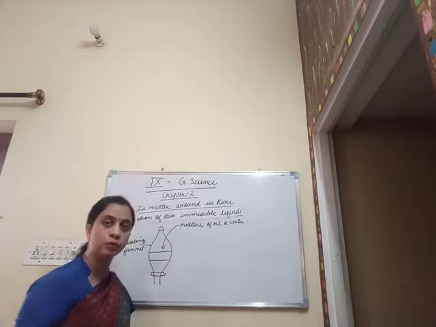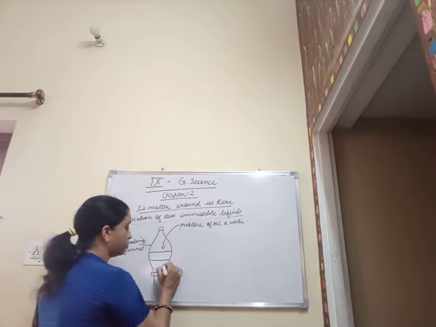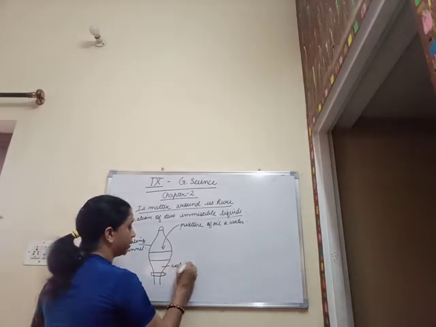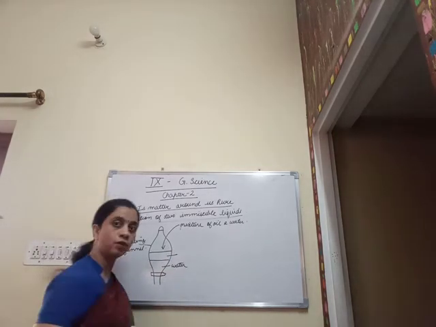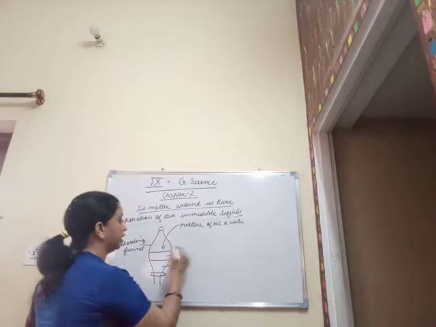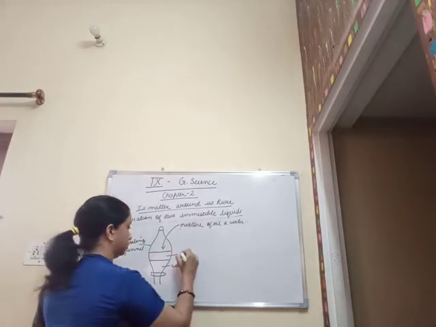Since they are immiscible with one another, water forms a separate layer, and oil, being lighter in density, forms a separate layer just above the water.